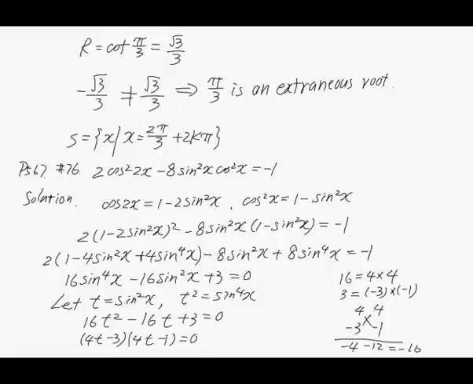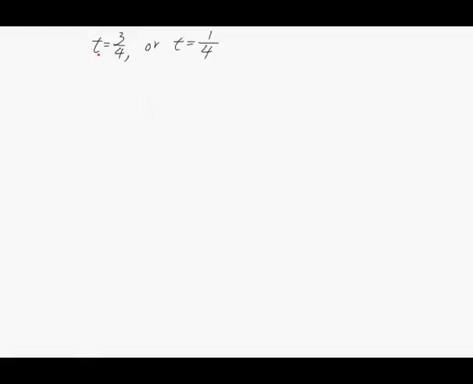Then we need to replace t by sine squared x and get the corresponding equations for our x. So we have sine squared x equal to 3/4, or we have sine squared x equal to 1/4. Okay.